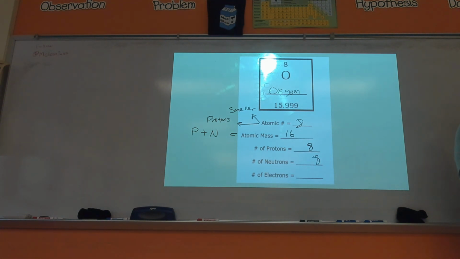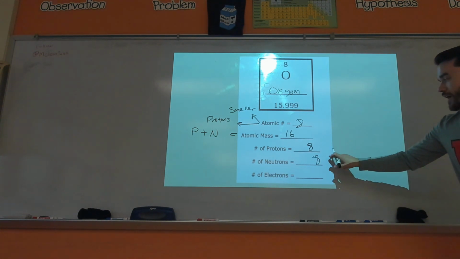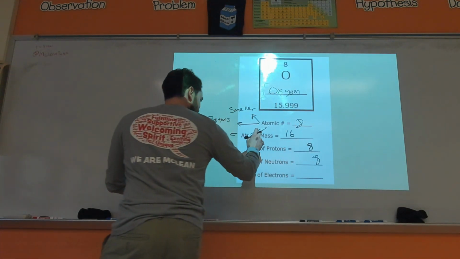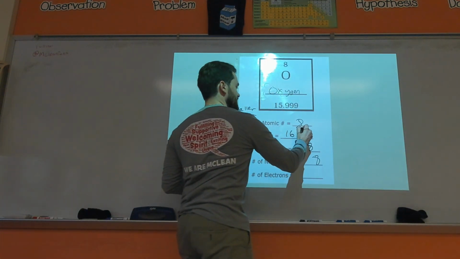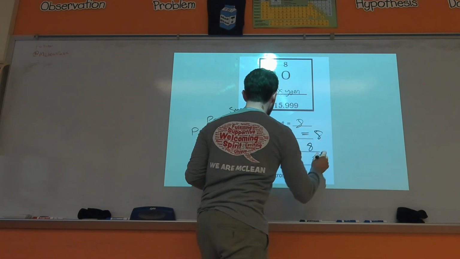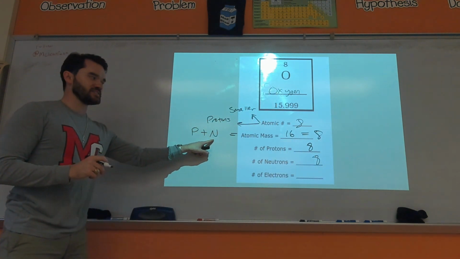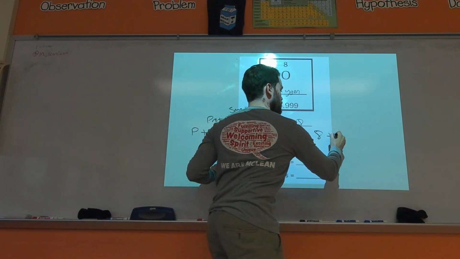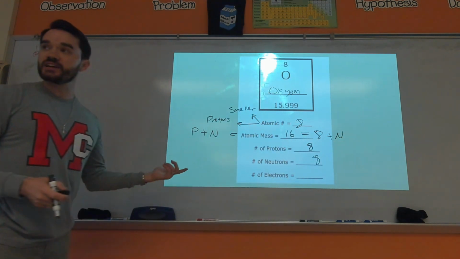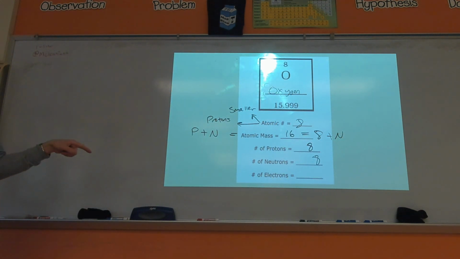Sometimes they are, but not always. How you know this is 8 is because the atomic mass is 16. Atomic mass, we said, is protons plus neutrons. So 8 plus what would give you 16? It would be 8.